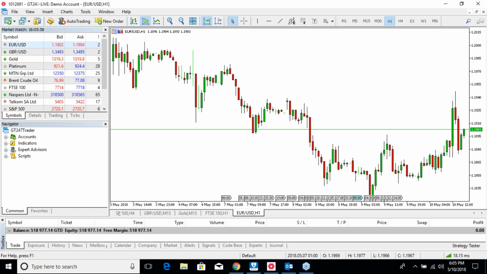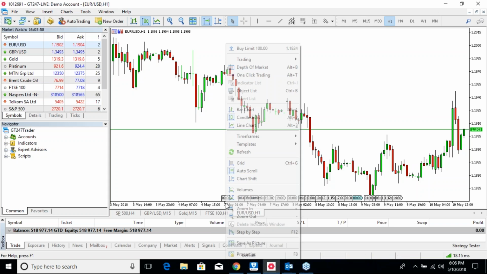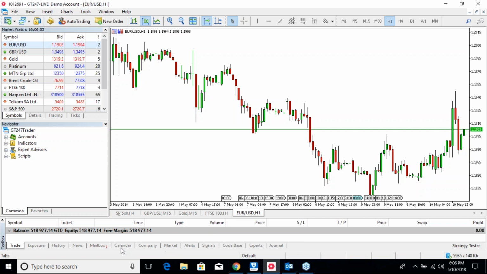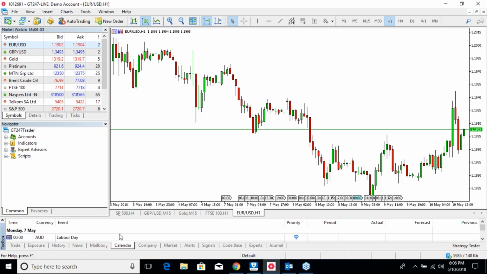It tells you if there was a news event. It corresponds with the calendar. However, as you can see, depending on the color, it depends on the urgency of the news, or the impact of the news, rather.